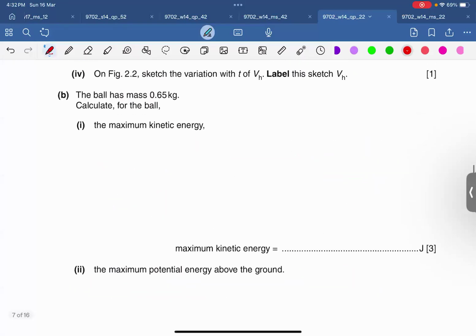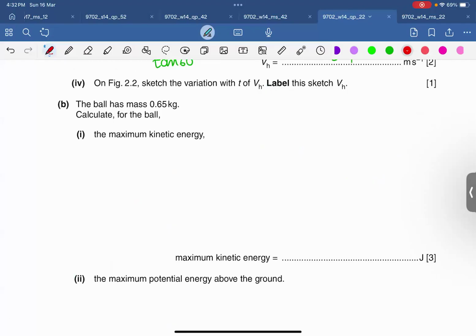The ball has a mass 0.65 kg. Calculate for the ball the maximum kinetic energy. So half mv squared, right? 0.5, which is half, into 0.65 into v squared, the maximum kinetic energy.